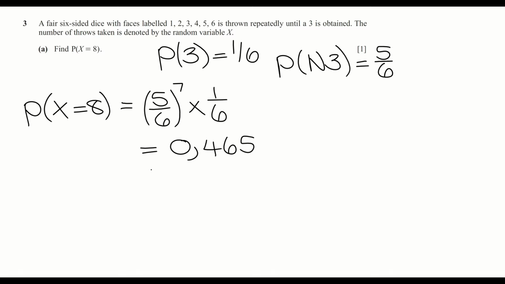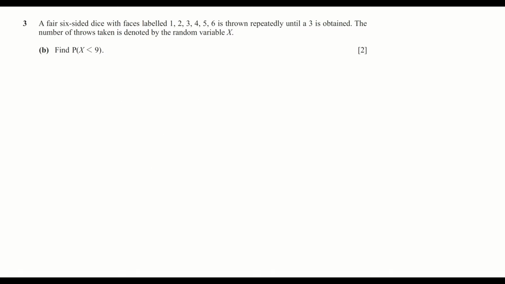And now we can move on to part B. Find the probability that X is smaller than 9. When we're working with smaller than, we are either working with binomial distribution or geometric. We are not given a total number of throws, so we know we are working with geometric distribution.